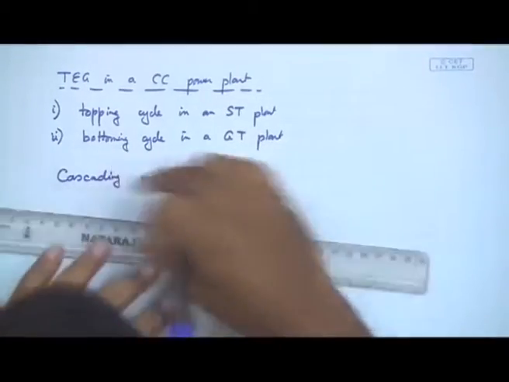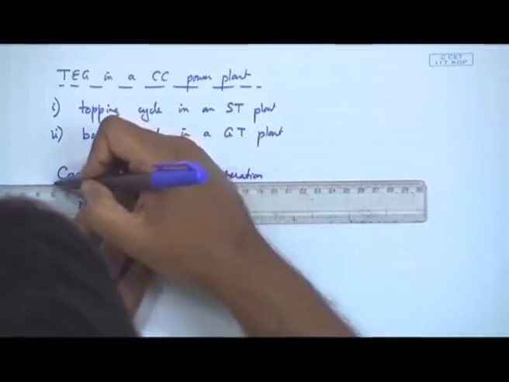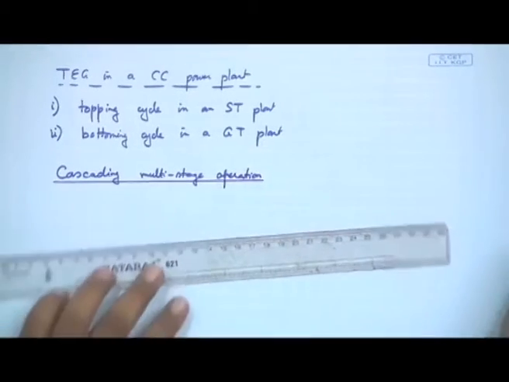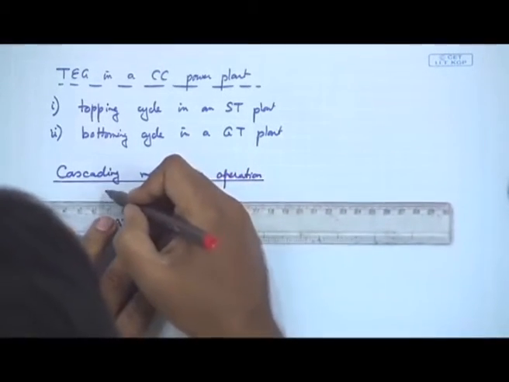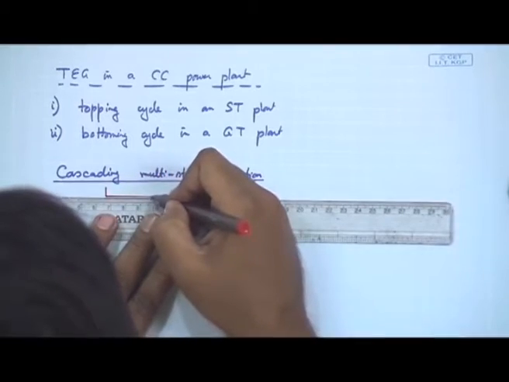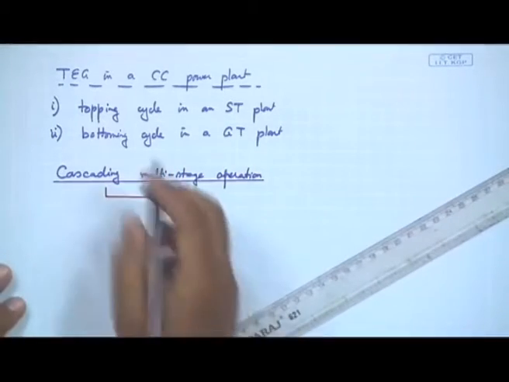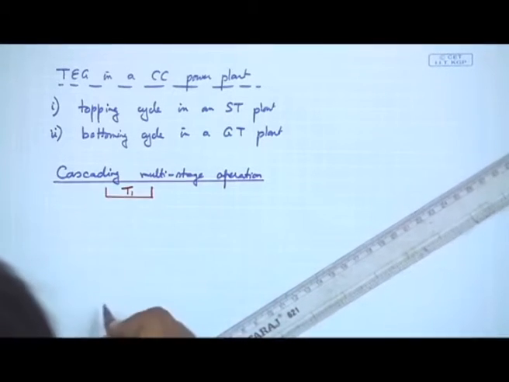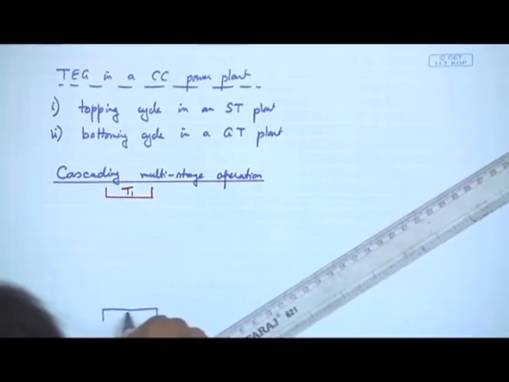Okay. What that means is, if I have a large temperature difference available to me, instead of using a single thermoelectric generator, I will have T1, and let us say I have T2 at the bottom.